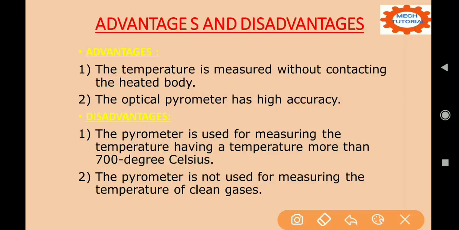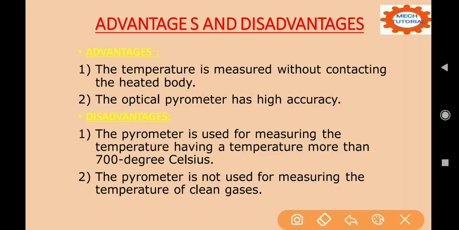We cannot touch it or bring the instrument into physical contact with the body. It is harmful to the human body as well as the instrument itself. So we cannot directly contact that body. This is the first advantage. The second advantage is that the optical pyrometer has high accuracy.